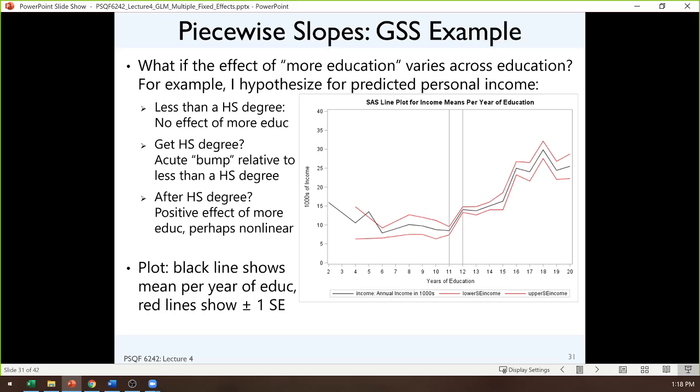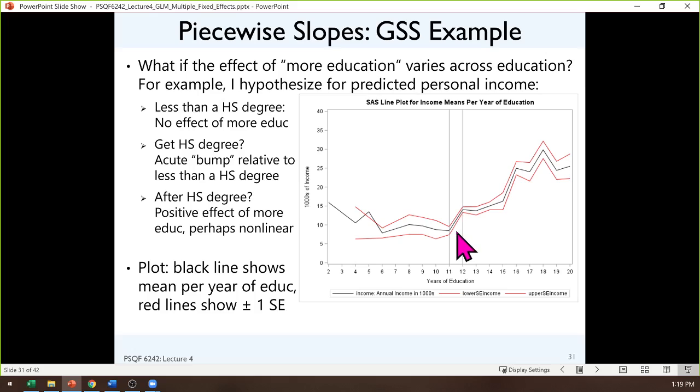Okay, so are you with me in concept? We're trying to fit little sections here. Now, how to do that is the tricky part. Ultimately, my goal is to fit a slope from years 2 to 11 that describes the effect of education among those without a high school degree. So if you don't have a high school degree, does more education matter?